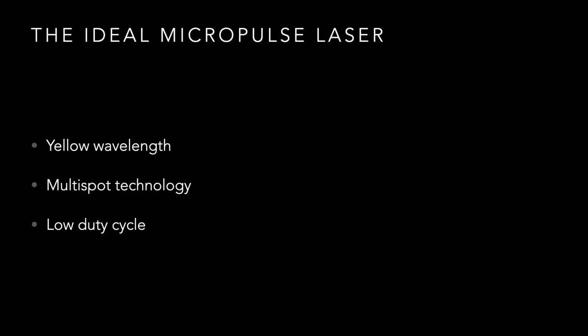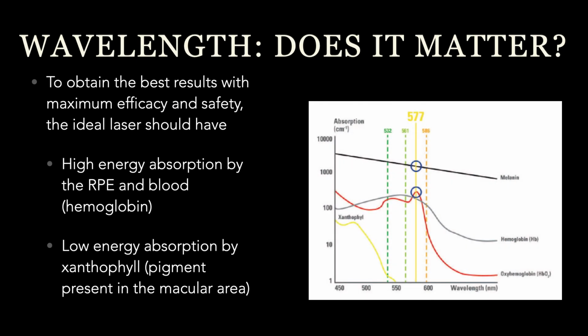The ideal micropulse laser should have yellow wavelength, multi-spot or pattern technology, and the ability to deliver a low duty cycle. So the question is whether or not the wavelength matters.